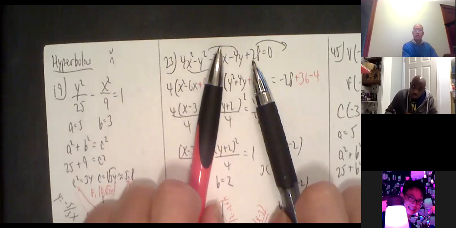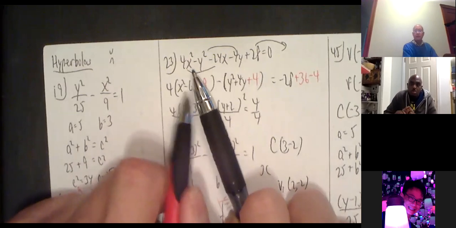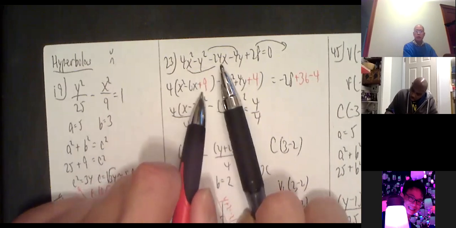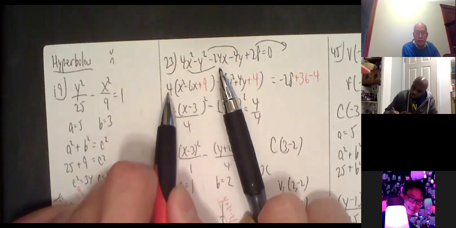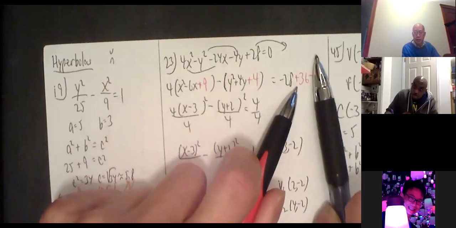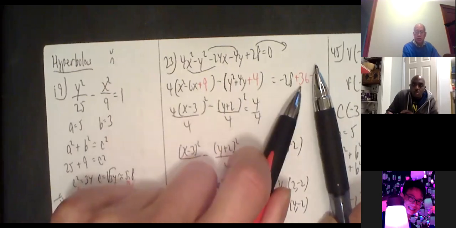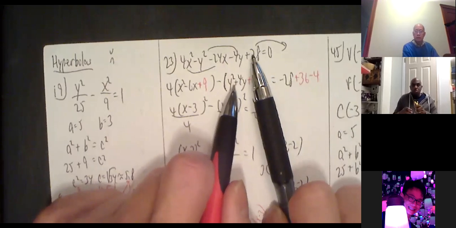Okay. Now the red stuff. Complete the square. Half and square. Half of negative 6, negative 3. Square it, plus 9. But this plus 9, because of the 4, it's really plus 36. So plus 9 really is plus 36. Likewise over here. Complete the square. Take half and square.